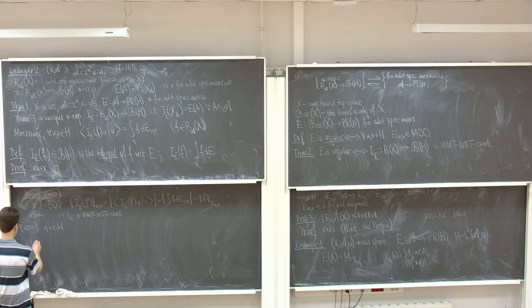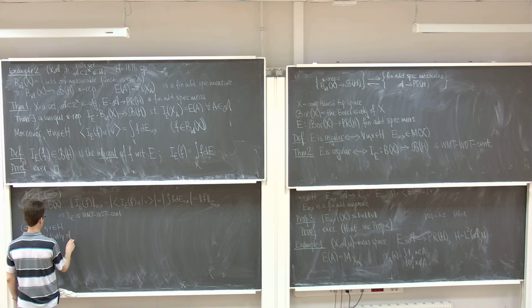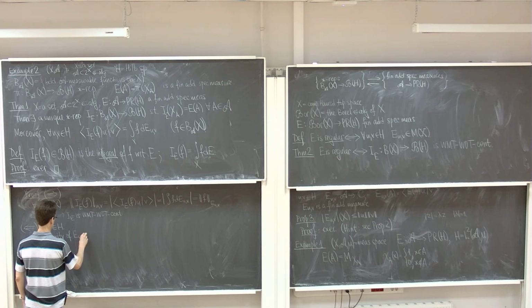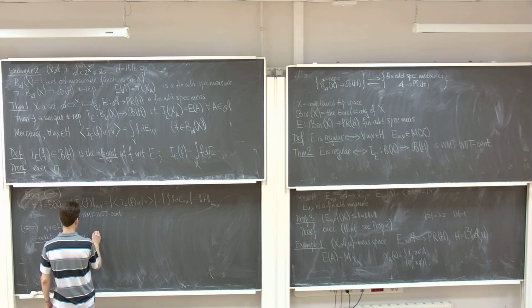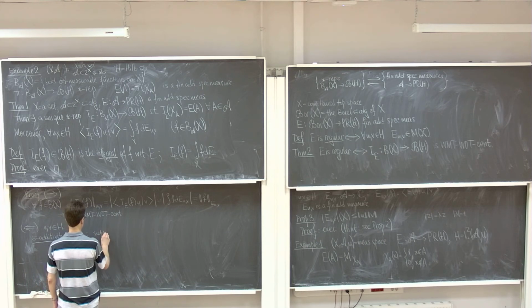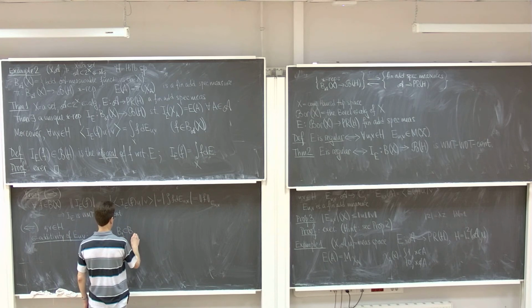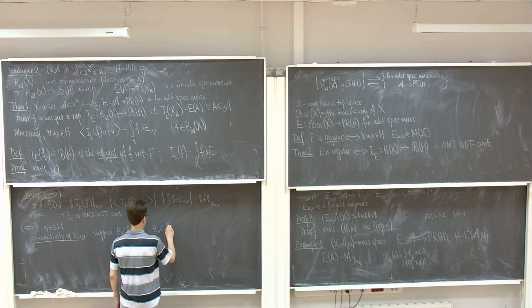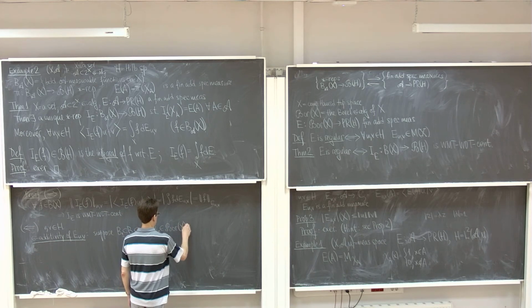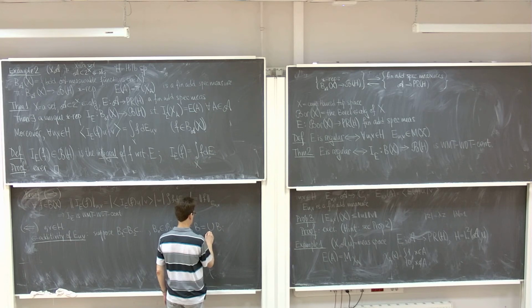First of all, we prove the sigma additivity of EUV. So suppose that we have an increasing chain of Borel sets, and let B denote their union from 1 to infinity.